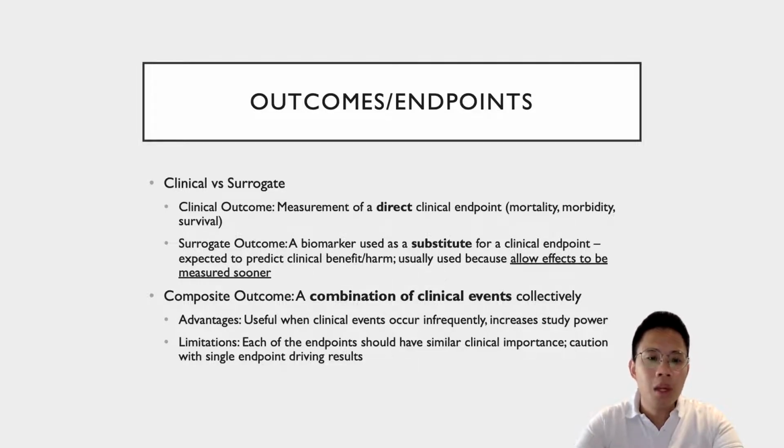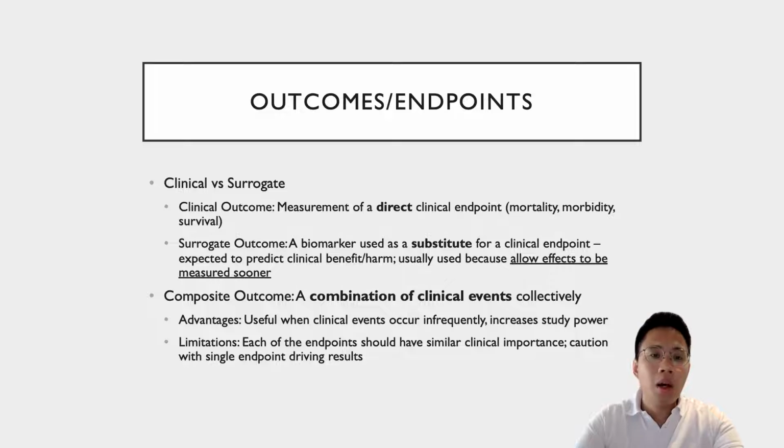Limitations, however, would include that if there is a particular endpoint that is driving the statistical significance of the study, one might have to be cautious, especially when that particular clinical outcome may not be of equal weightage or importance compared to the rest.